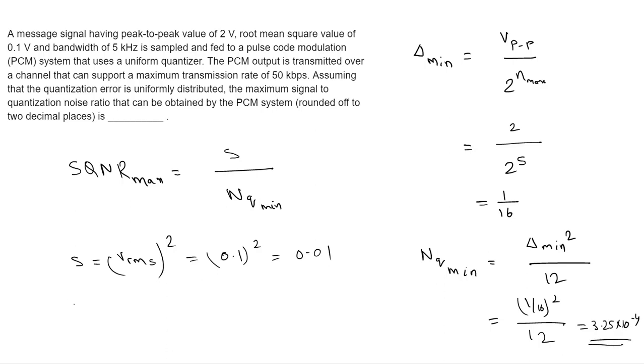So SQNR maximum comes out to be 0.01 by 3.25 into 10 to the power minus 4, which comes out to be 30.769. But we have been asked to find the answer rounded off to 2 places of decimal, so it is 30.76.